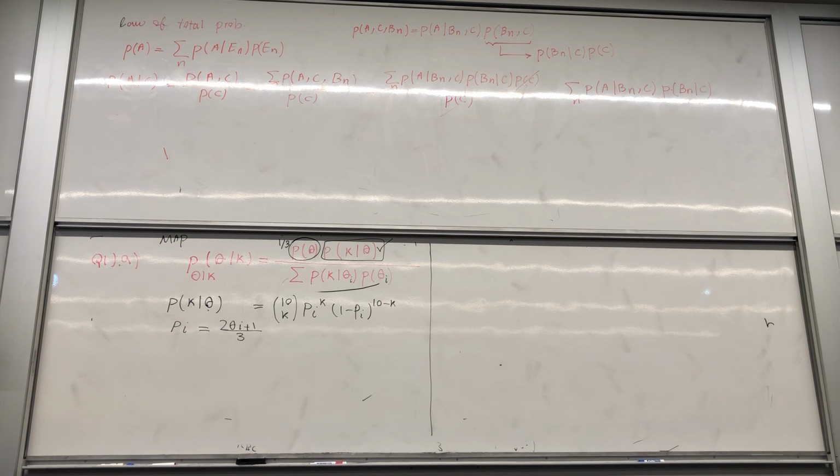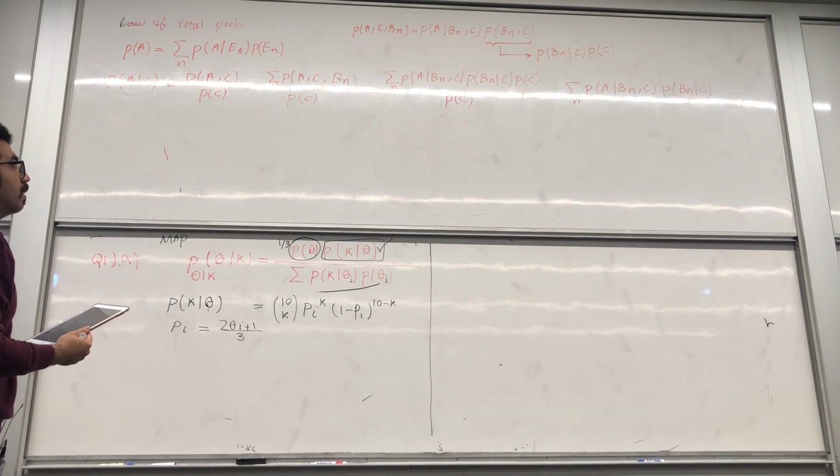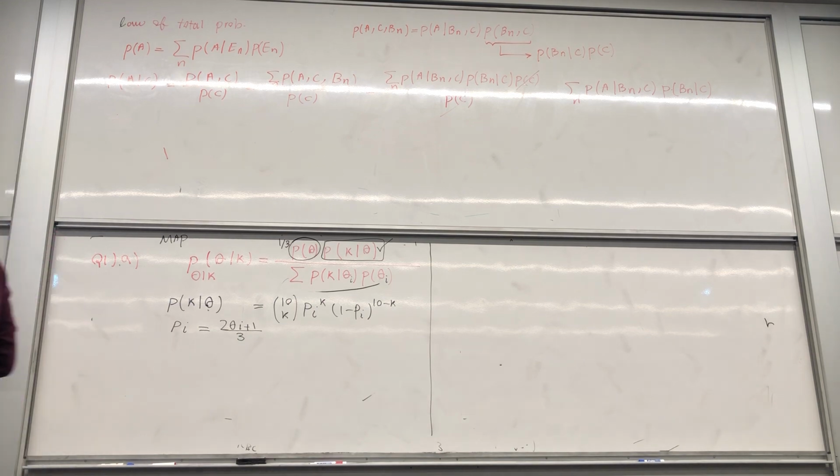Now I have this posterior probability, but it depends on the type of student, theta. So I can use the second law, the law of total probability for conditional probability.